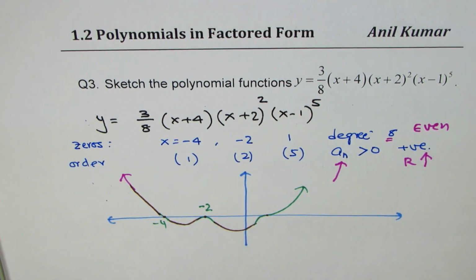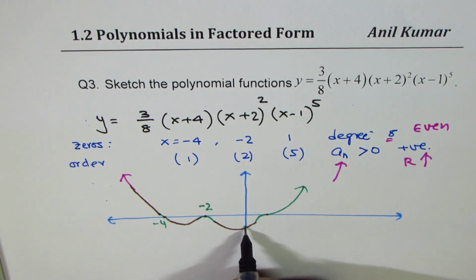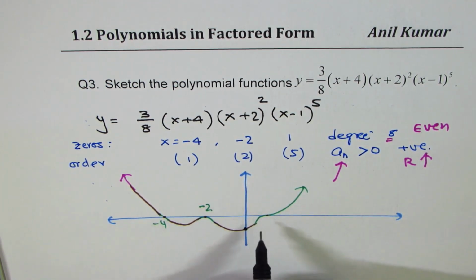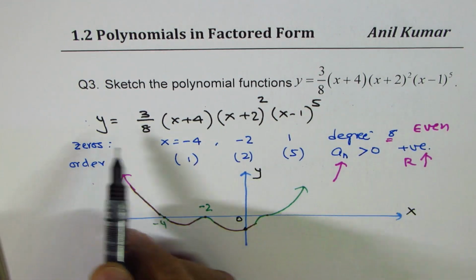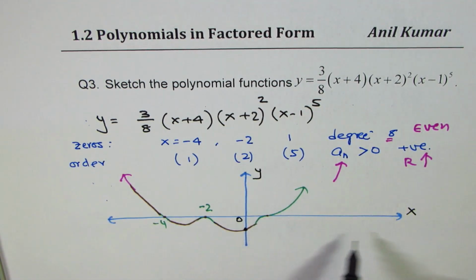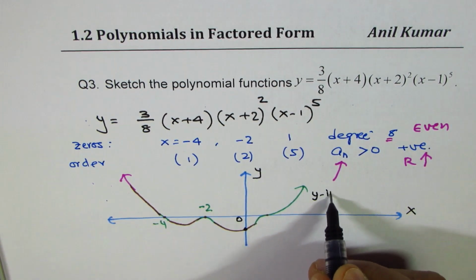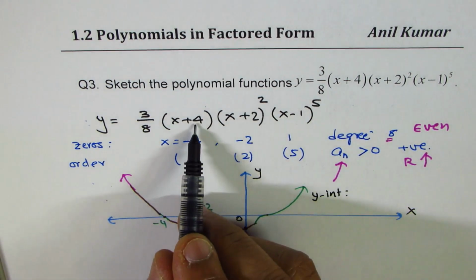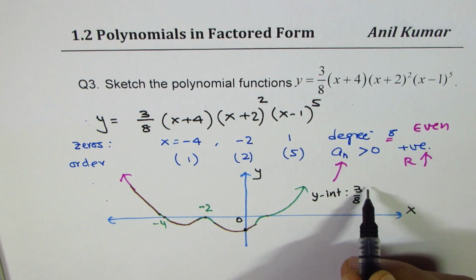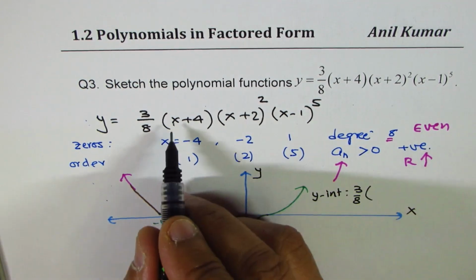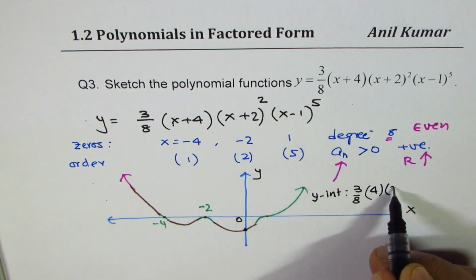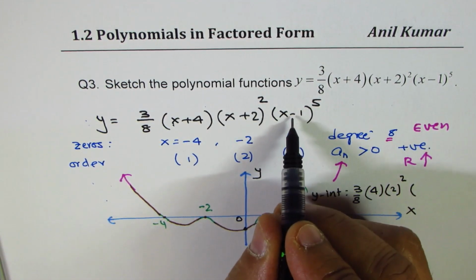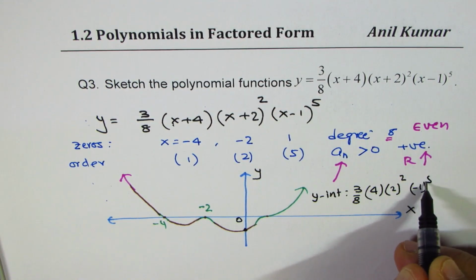Now, one important point is left, and that is the y-intercept. So we have to calculate this point, the y-intercept, right? So substitute 0 for x to get the y-intercept. If I substitute 0, I get 3 over 8 times 4 times 2 squared times minus 1 to the power of 5.